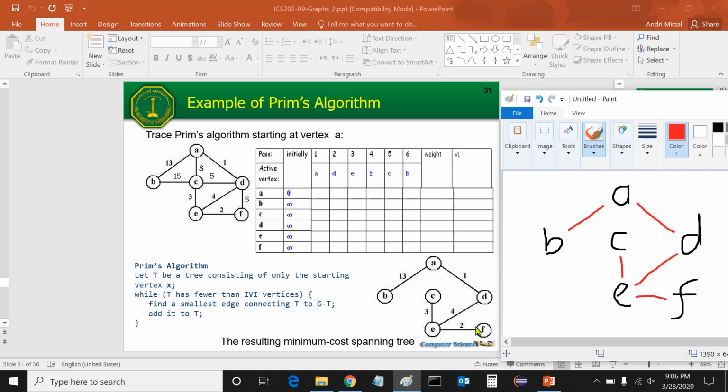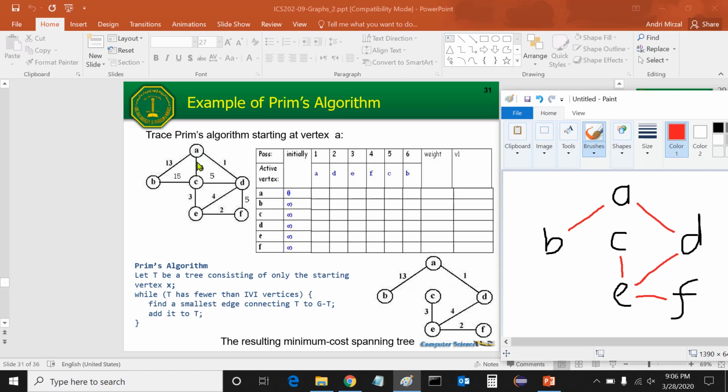That will be 7, right? If you really do the traversal, then you will see that actually from A to F, the shortest path will be A, D, and F, because the cost is 6, not 7.